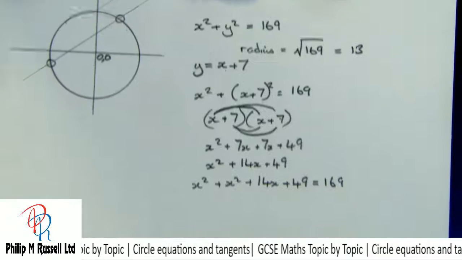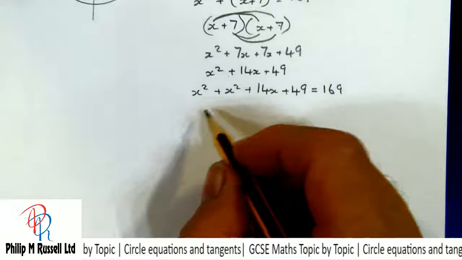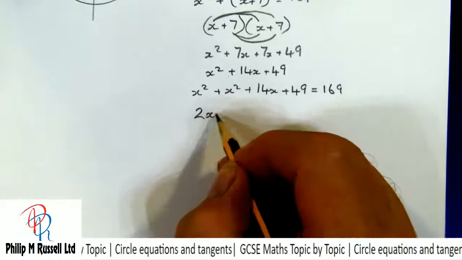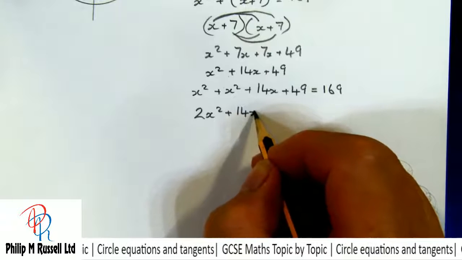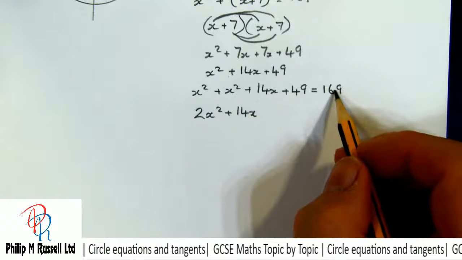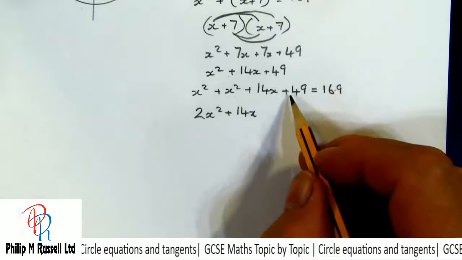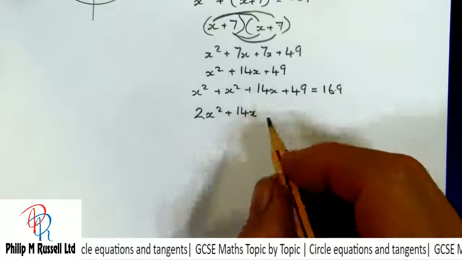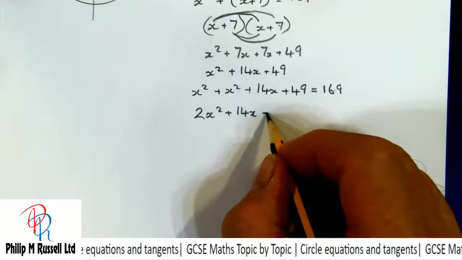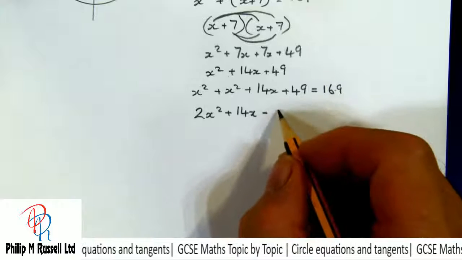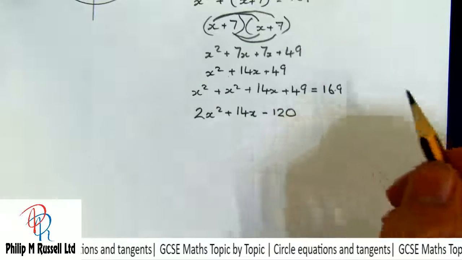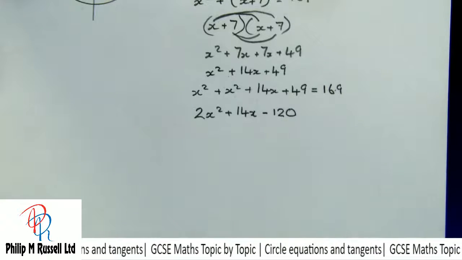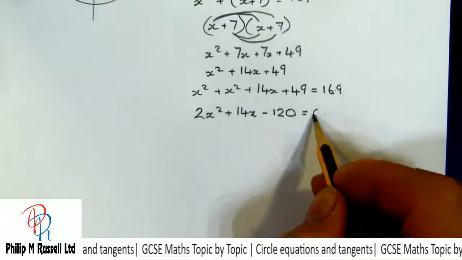Let's now collect the like terms: 2x squared plus 14x plus 49. I'm going to bring this 169 over, minus 169, so when I've done the subtraction, that's minus 120, and that will equal 0.